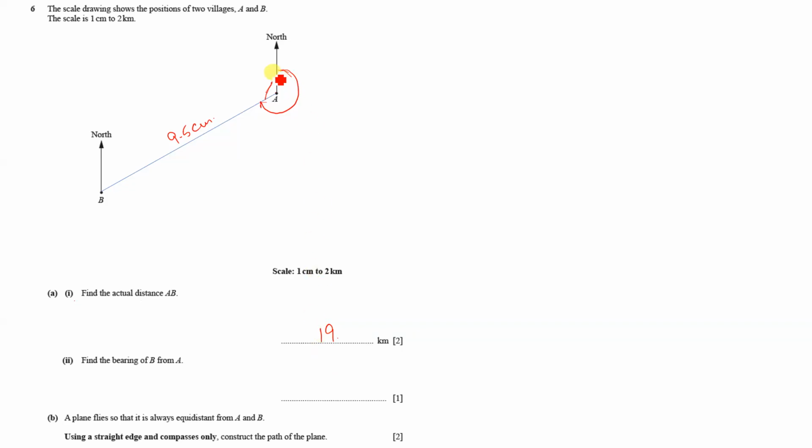So if this is 117 maybe, so you need to measure this. Then the answer of this part is 360 minus 117.